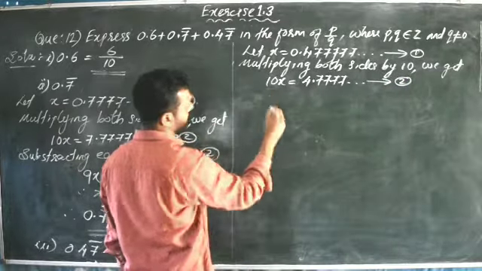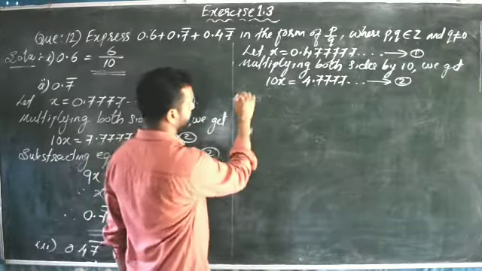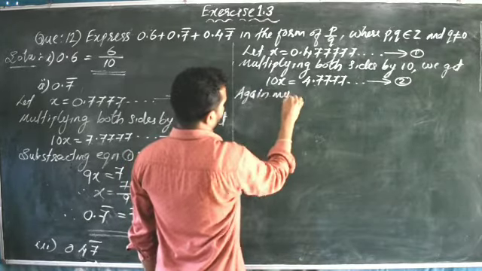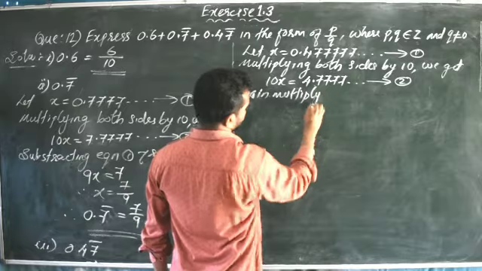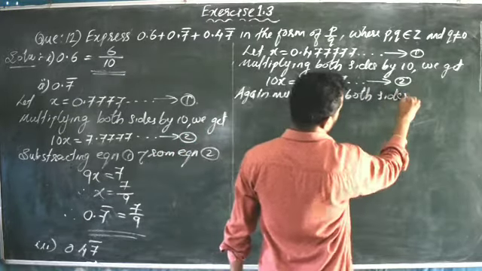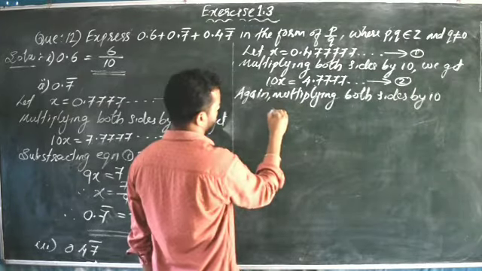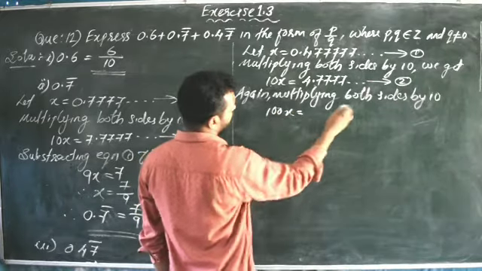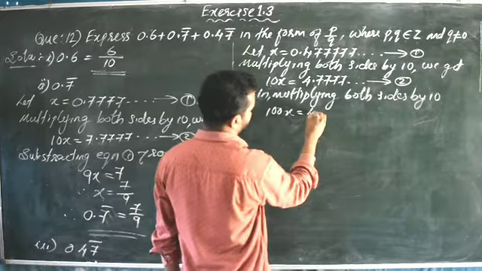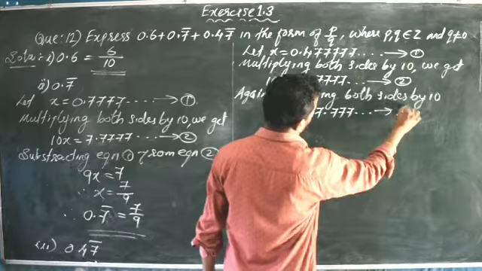Now again we have to multiply once more, because after the decimal point one digit is repeating. So multiplying both sides again by 10, we get 10 into 10x, that is 100x, is equal to 10 into 4.777 etc. The decimal point goes one place to the right, that is 47.777 etc. That we will write as equation 3.